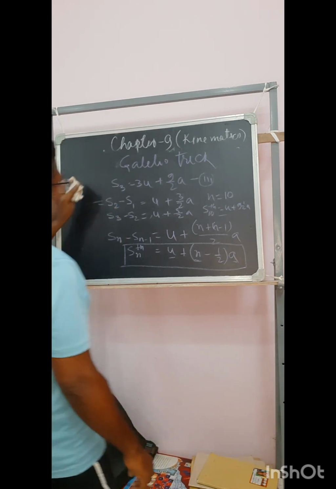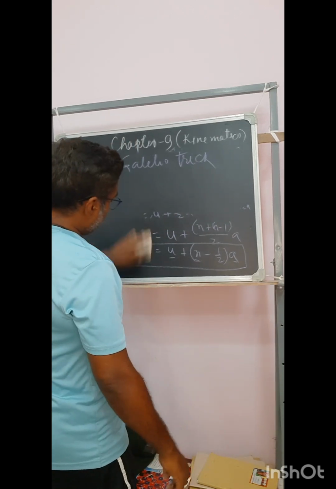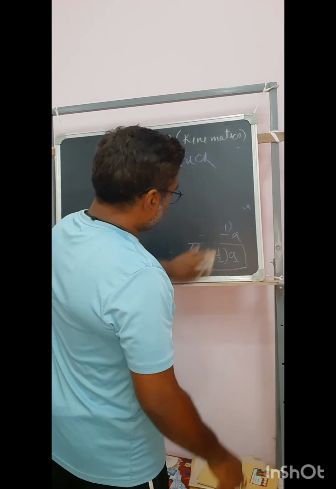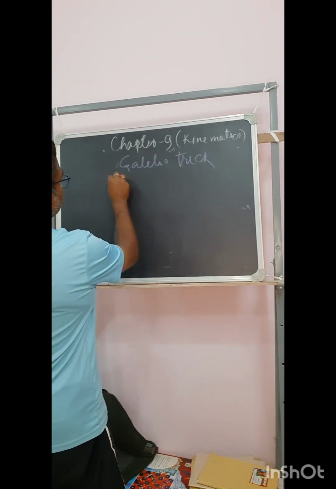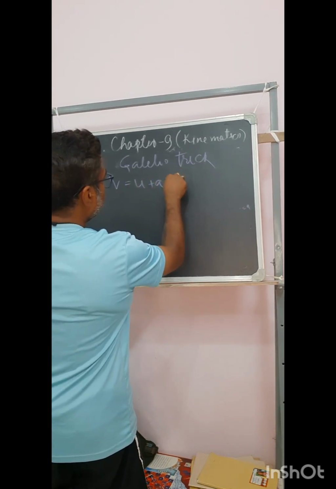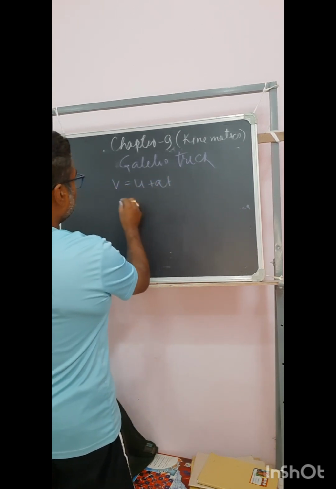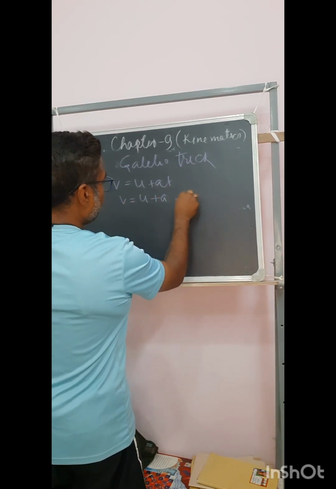And similarly, if I want to relate the velocity, this is called the Galileo's trick. Let's see how I will find it. This is v = u + at. So the velocity after the first second, for t = 1, is v1 = u + a.